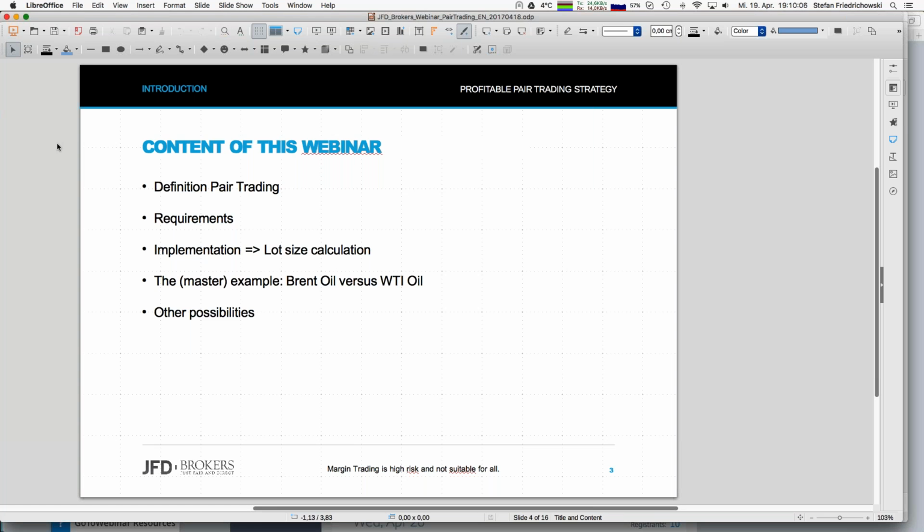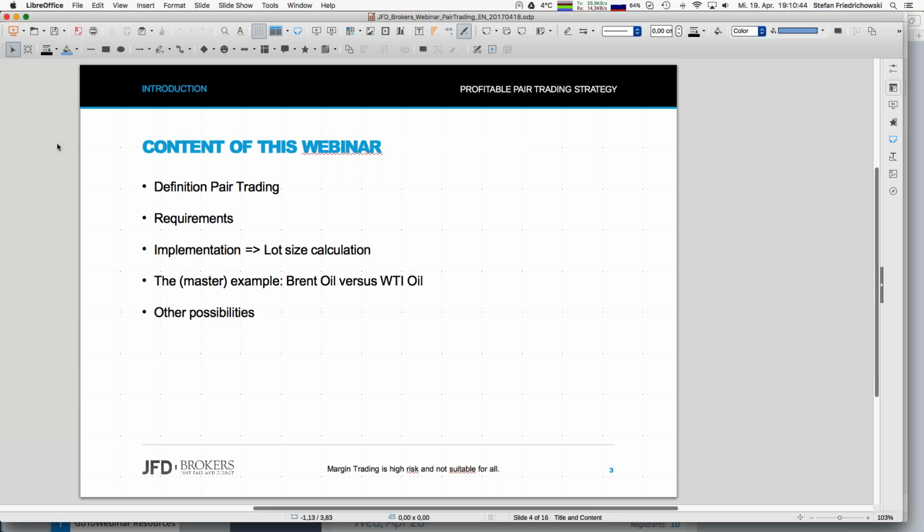And what is the story behind Brent versus WTI? It's quite simple. Assume that for one kind of oil, the price increases, and maybe the other one, the WTI, is constant or may even decrease. If that happens, then the overall market, and I'm not talking about market in terms of trading activities, the market itself.